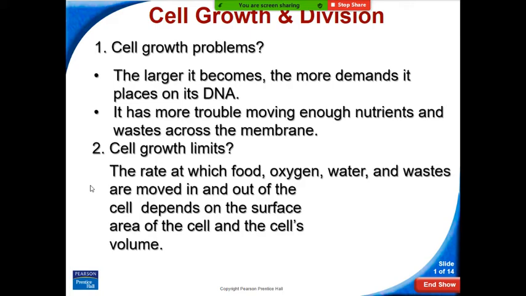Literally the three-dimensional area that you calculate around the outside of the cell, and then the three-dimensional area on the inside of the cell, which we call the cell's volume. So it's that balance of surface area and volume that determine the size of a cell and how big a cell can grow before it divides.